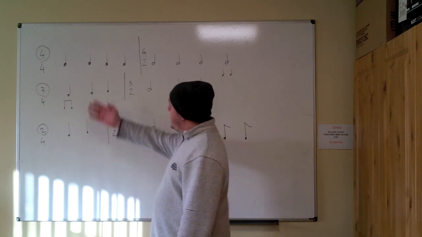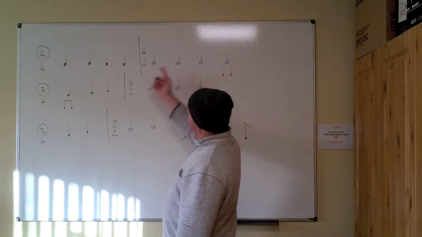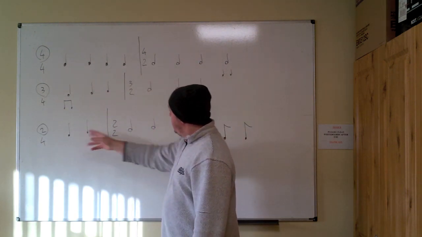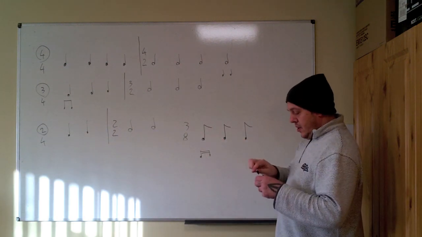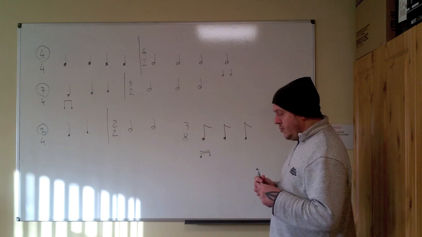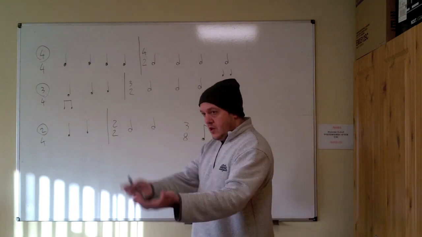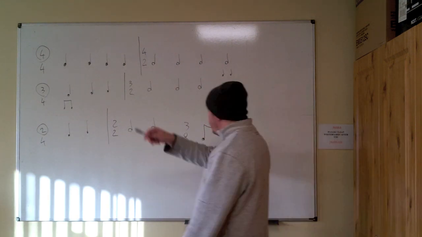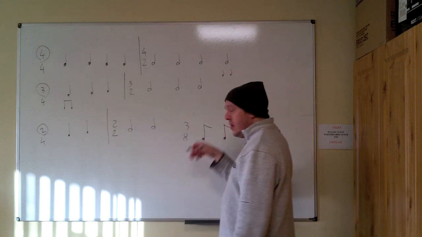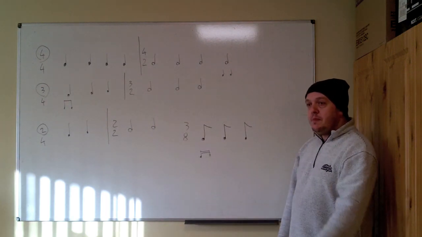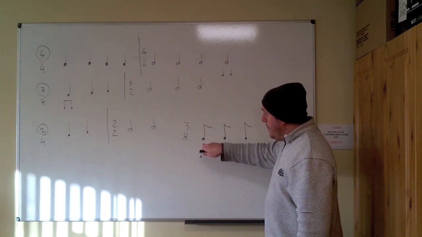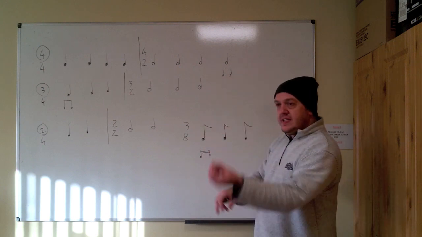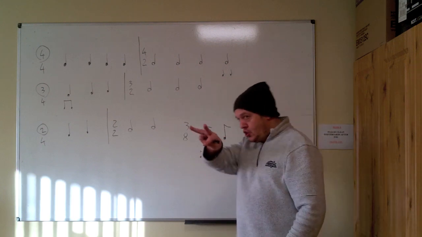There will be other time signatures which are compound, which we will do later. These are all simple, and what makes them simple is that the beat will always split into two.